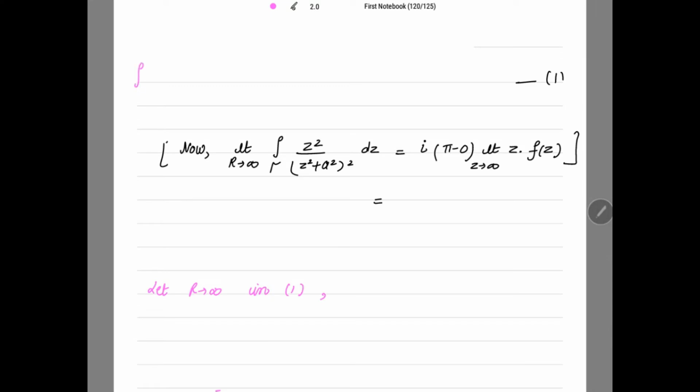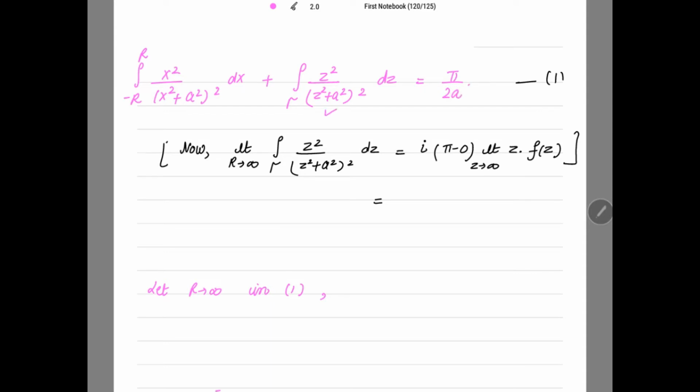The real axis is from minus R to plus R, and the function should be in terms of x now, dx, plus along the semicircle tau, where the function is in z, z square over (z square plus a square) whole square dz. So this is equal to pi over 2a.